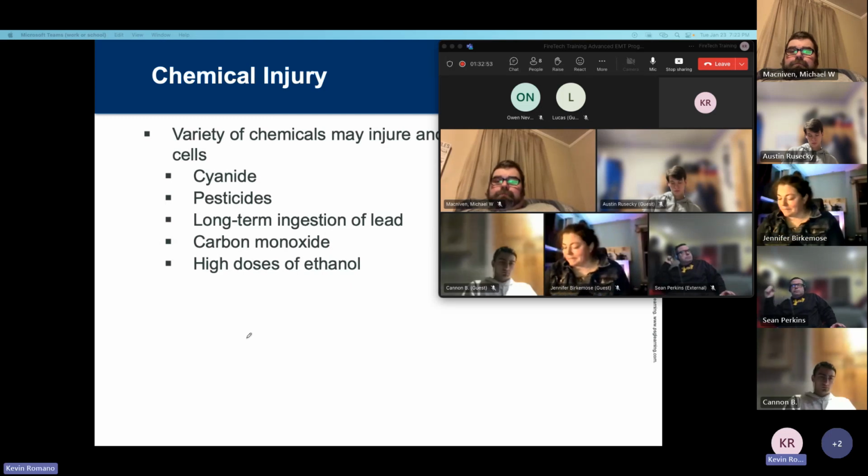It smells like almonds. From what I've been told in some readings, 50% of the population can smell almonds and 50% cannot. So cyanide induces cell hypoxia. Pesticides.